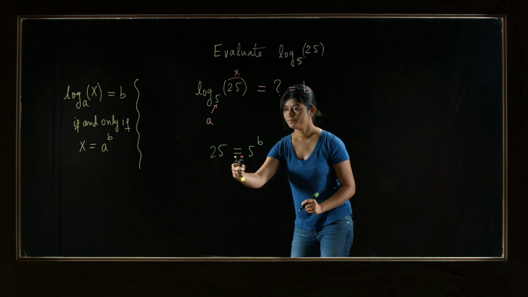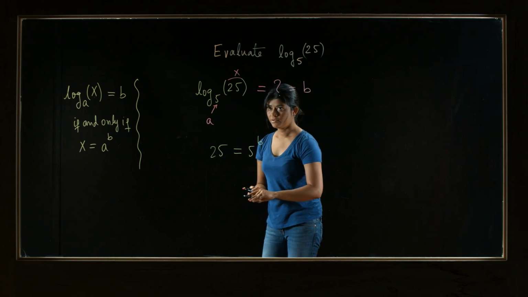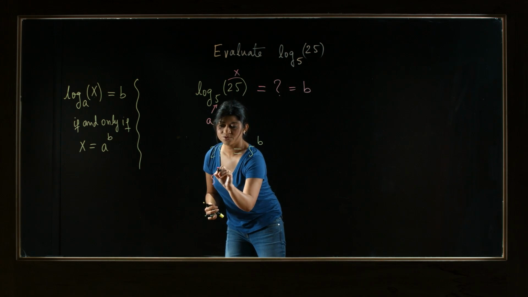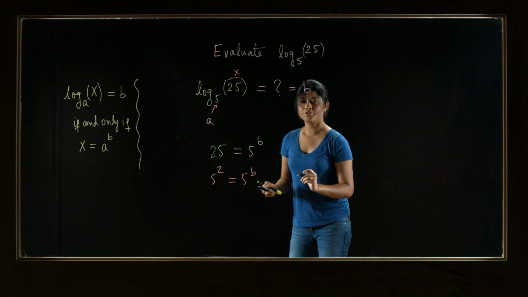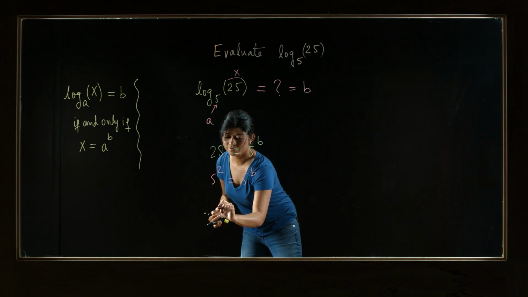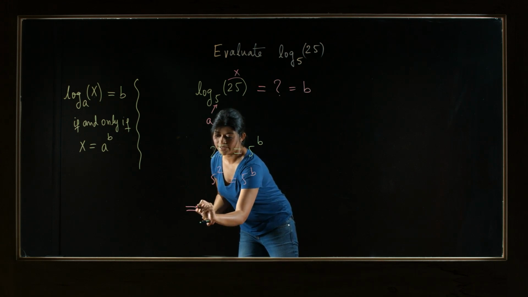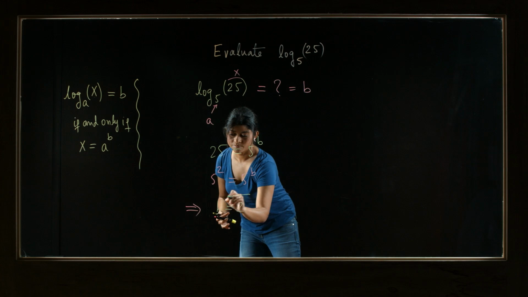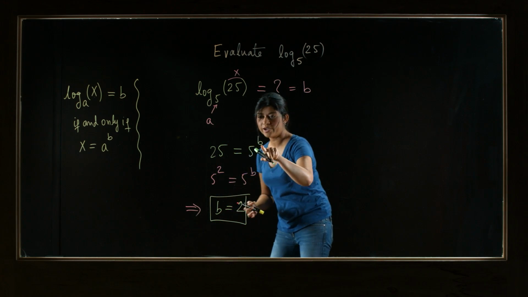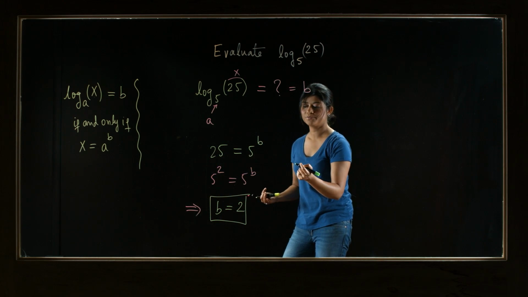Now let's look at it. What is 25? 25 is 5 squared. That is equal to 5 to the b. So what do you think b is? Of course, this means that b is nothing but 2, because 5 squared is 25. So b has to be 2.